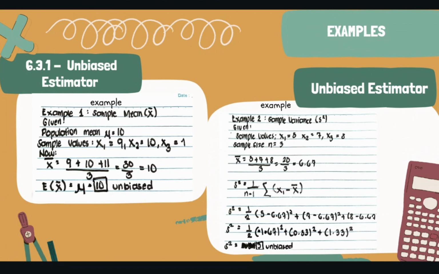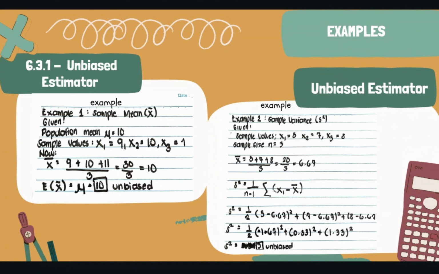Now example 2, sample variance. The given sample values are sample 1 equals 5, sample 2 equals 7, and sample 3 equals 8. The sample size is equal to 3. Now we can solve it. 5 plus 7 plus 8 over 3 is 20 over 3, or 6.67. Now we get the sample variance.